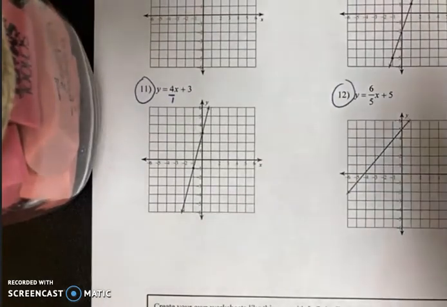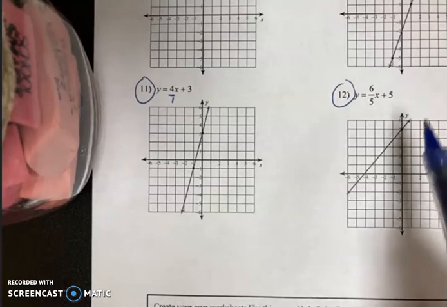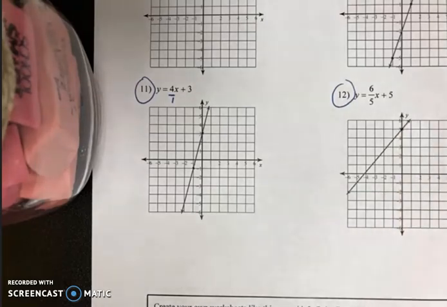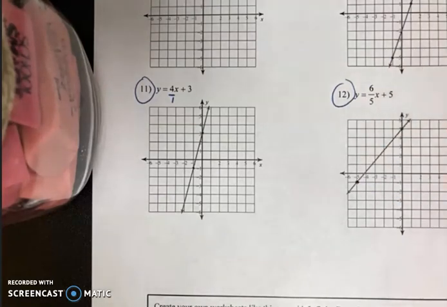Number 12 has a y-intercept of 5. It's rise over run, so 6 over 5. You could move up 6, right 5, but it would be a point that's not on the coordinate plane. So it may have been easier to go down 6 and then right 5, which would give me that coordinate right there. At this time, you may begin your homework.